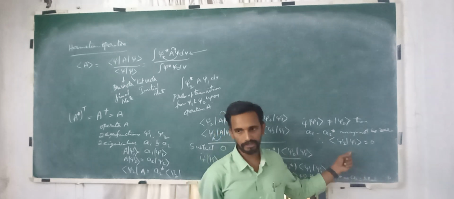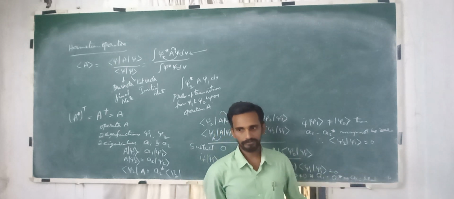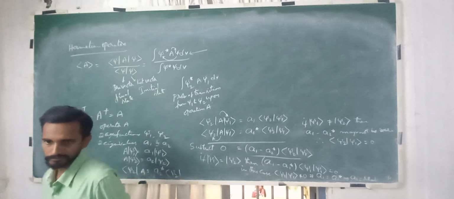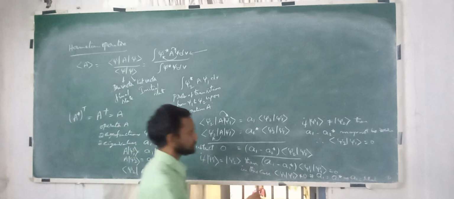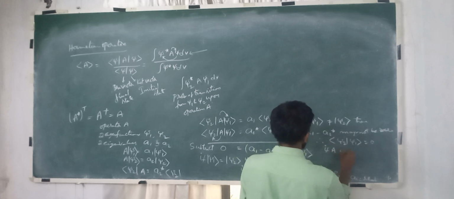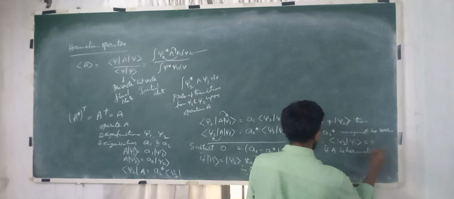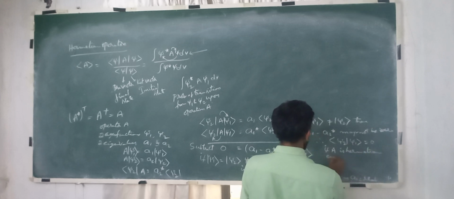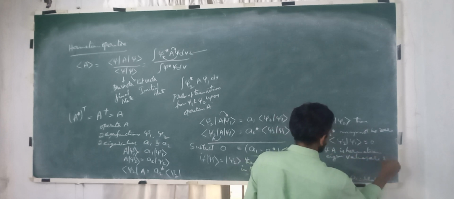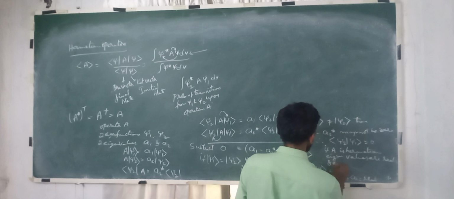If they are different eigenfunctions, their dot product is 0. So if A is Hermitian, eigenvalues are real and eigenfunctions are orthogonal.